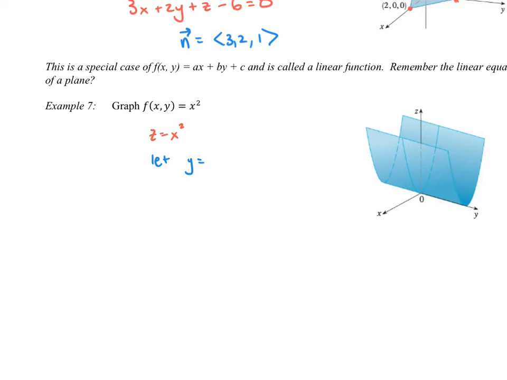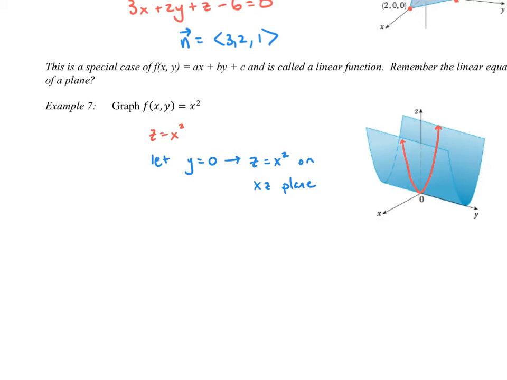Well, then our graph is z equals x squared, and it is on the xz plane because y is equal to 0. What we end up getting in our sketch is called a trace.